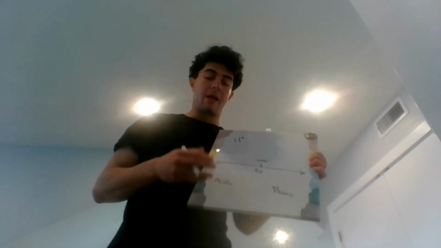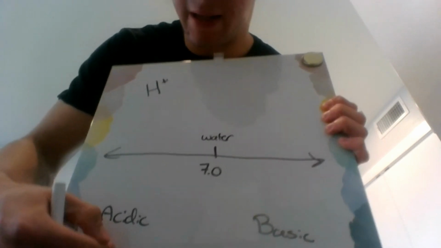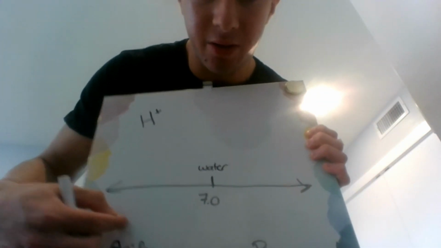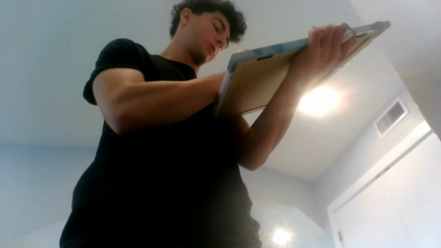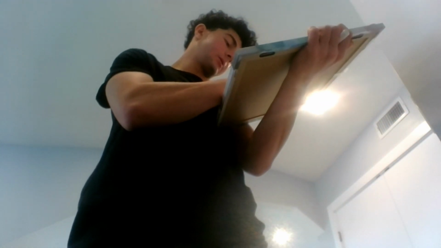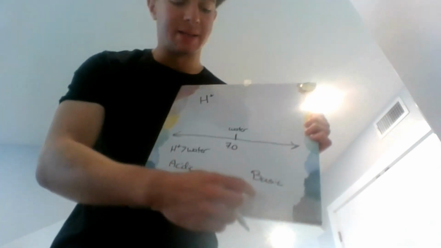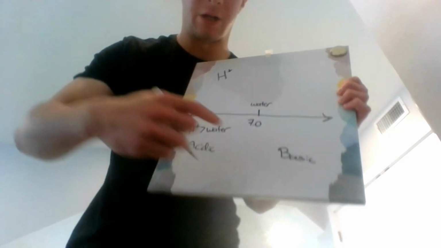Now, this is a bit confusing because while acidic is less than 7, the H plus concentration is actually higher than water. And basic is greater than 7, but the H plus concentration is less than water.